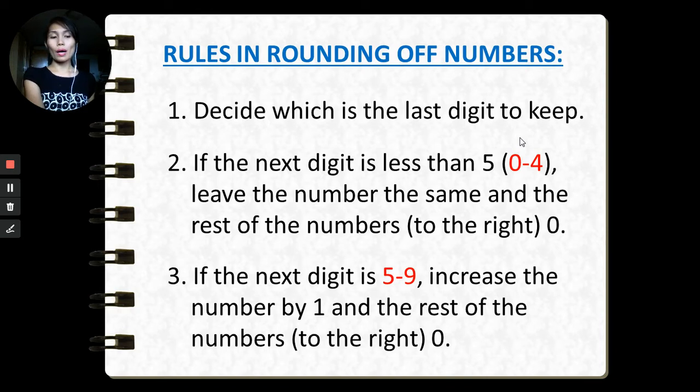So we're talking about the last digit that you have to keep. The next digit after that, if it's 5 or more than 5, then you have to add 1 on the last digit. So anyway, we have discussed this one already before, but we will refresh that one today, but with decimal numbers. Anyway, they're just the same.